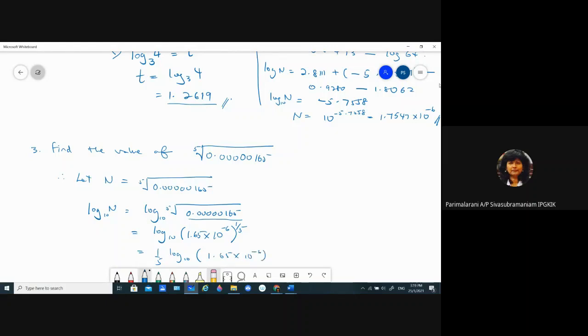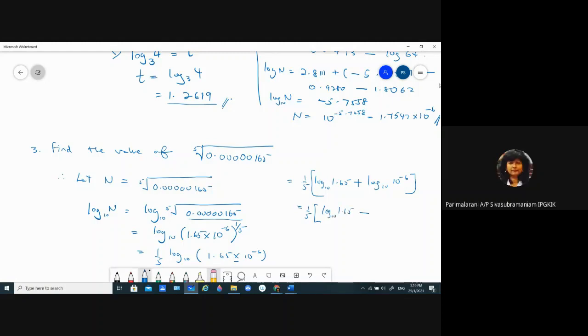Now, this is times here. So what is it equal to? It's 1 over 5 log 1.65 plus log 10 to the power of negative 6. So this is equals to 1 over 5 log 1.65.